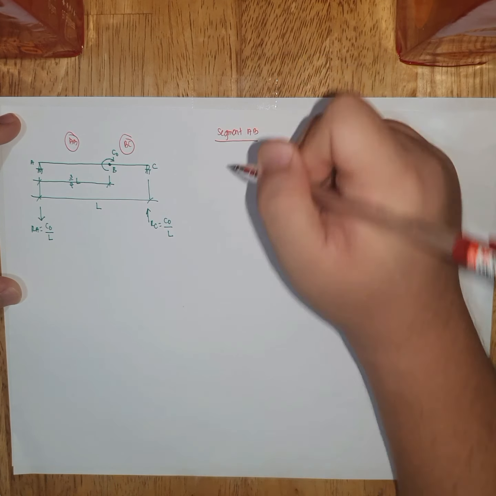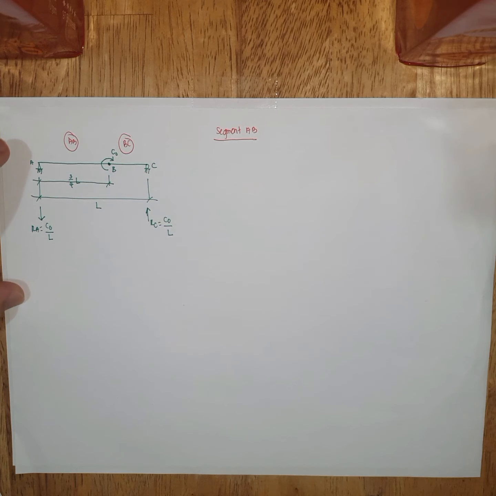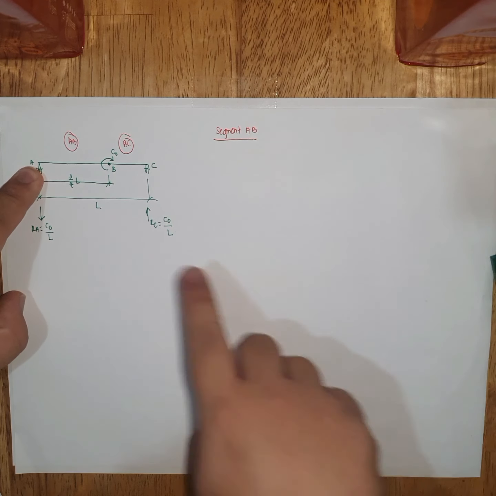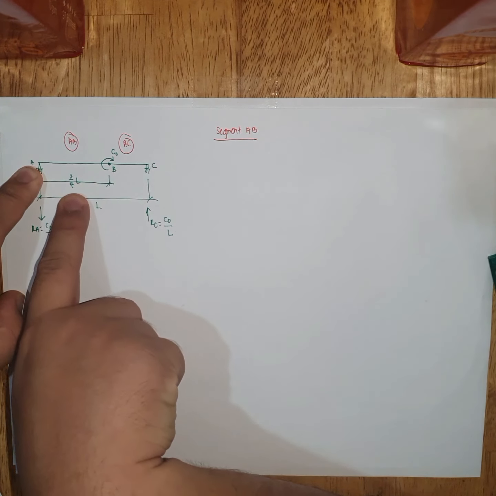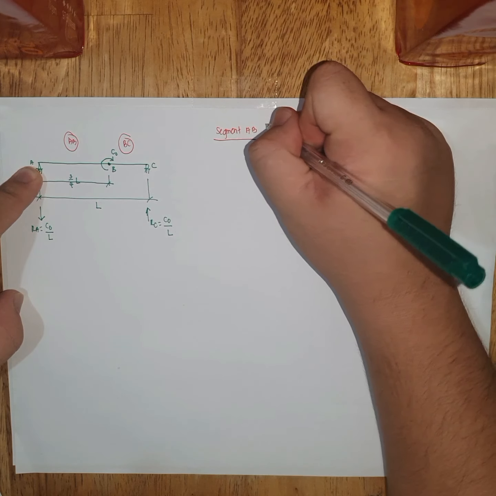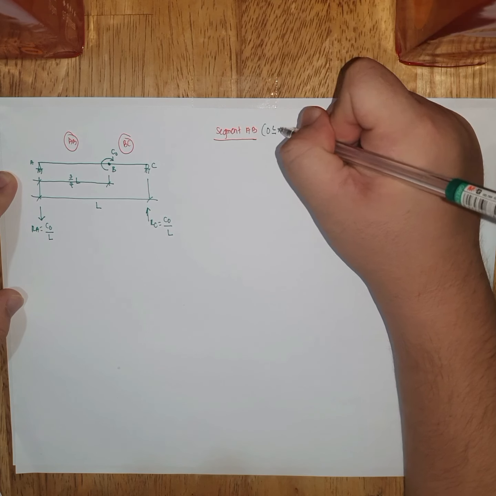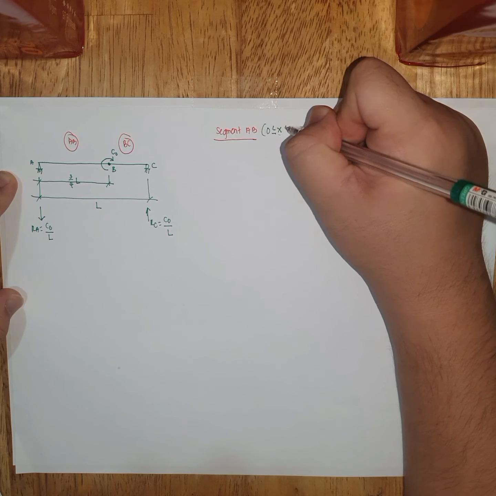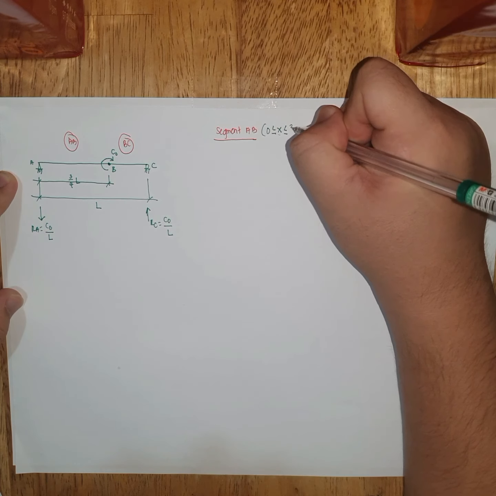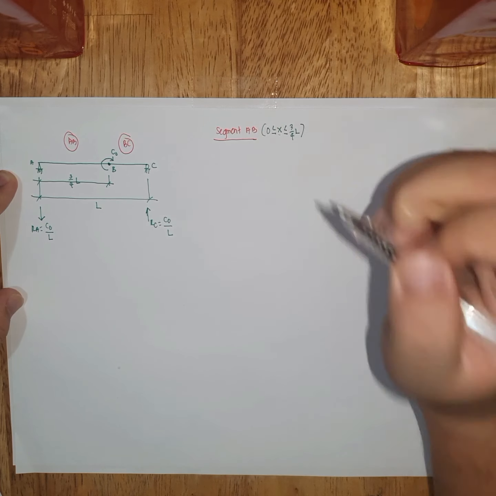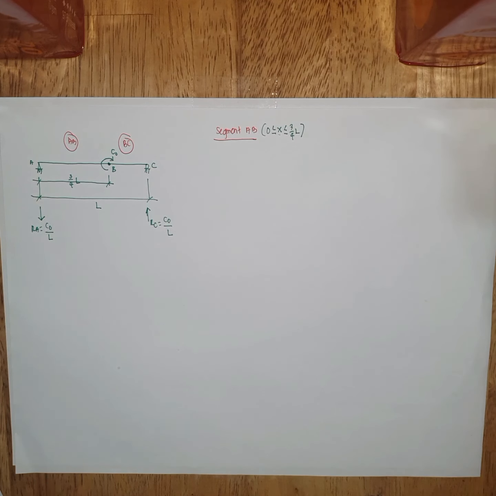Okay. Pag segment AB, pinag-usapan natin, distances natin from 0 papunta kay 3/4 L na length. Okay. So, yung notation natin will be 0 ≤ x ≤ 3/4 ng L. Okay. So, later, magagamit natin yan.